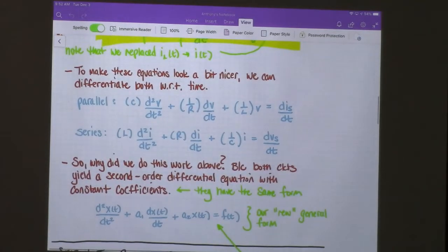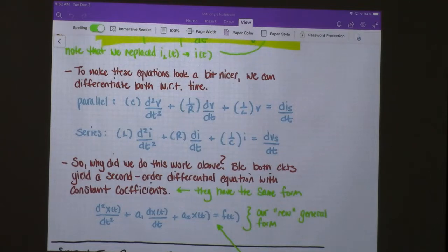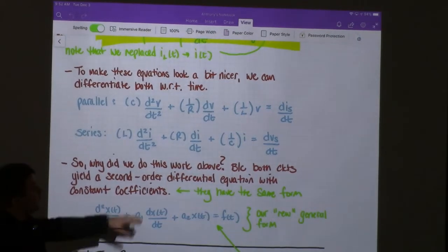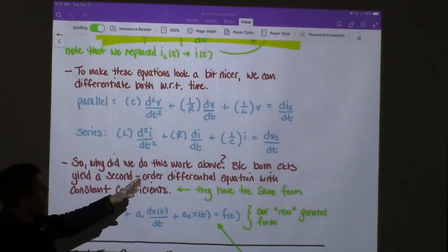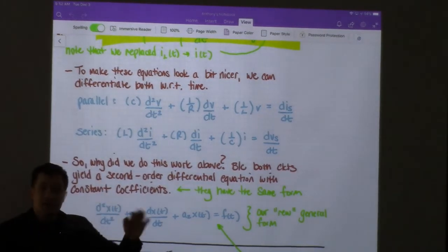Now, why do we do this, besides the fact that this is the general convention and the way it's displayed? Because we see that both of the circuits yield a second-order differential equation with constant coefficients. They have the same form. The values may be different: the value of f of t is different, the coefficients themselves are different, and the state variable is different.